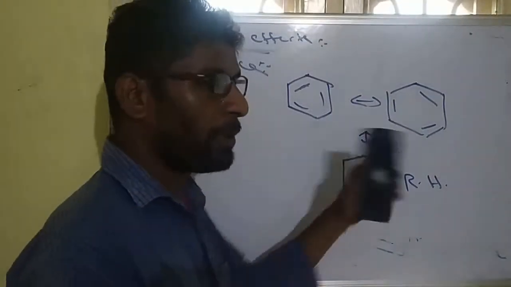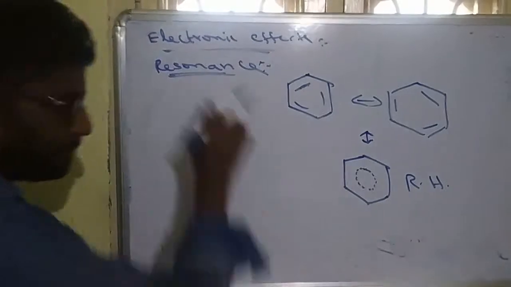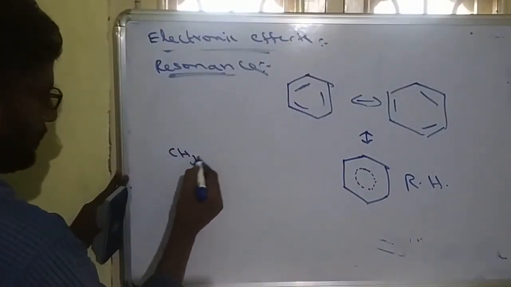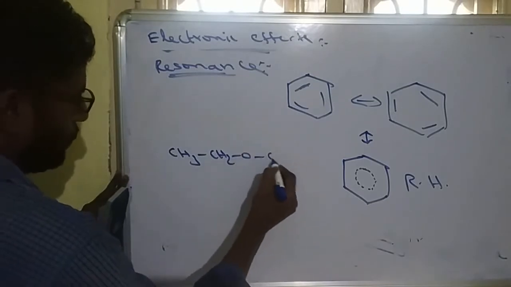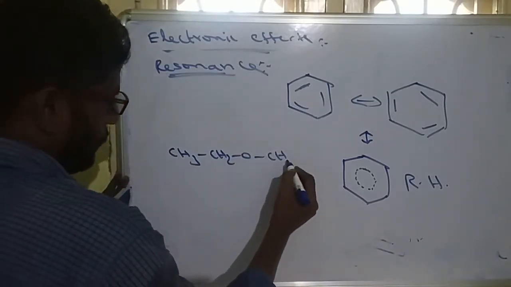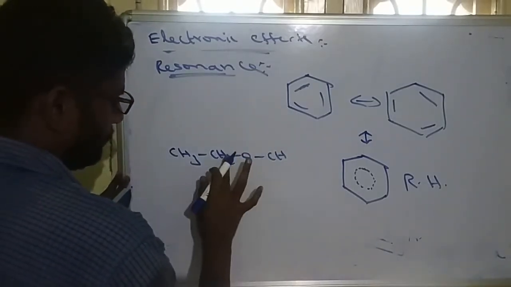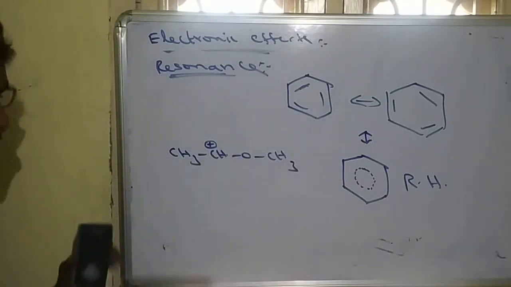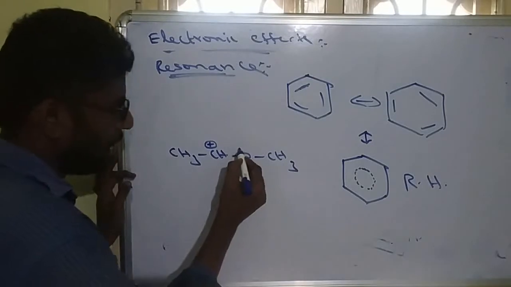In open-chain molecules also resonance is possible. For example, CH3, CH2O. CH3 molecule is there. Now here the oxygen atom has lone pairs.